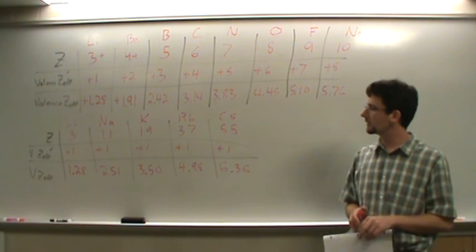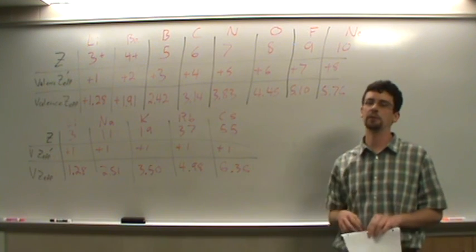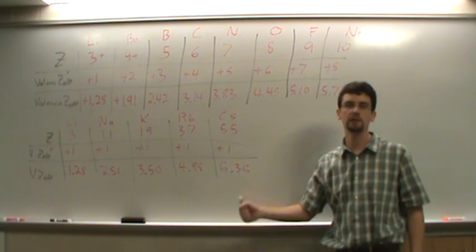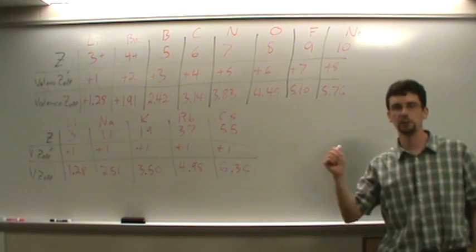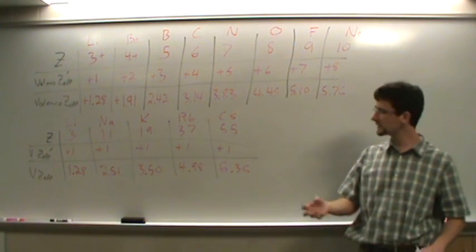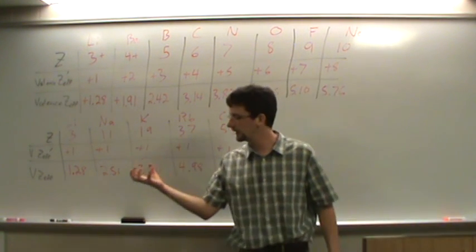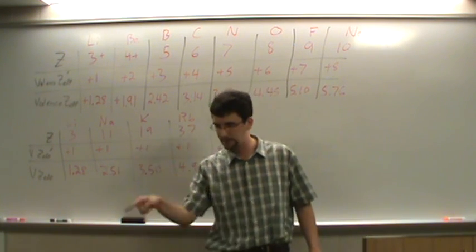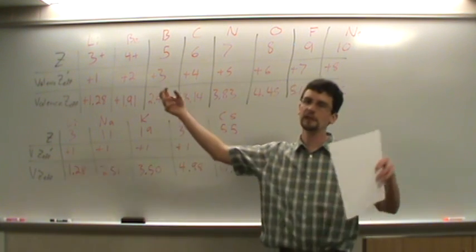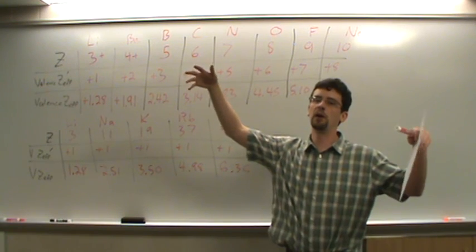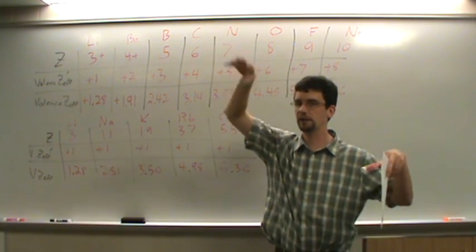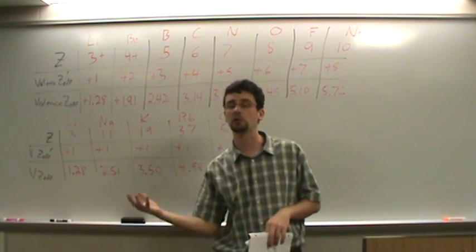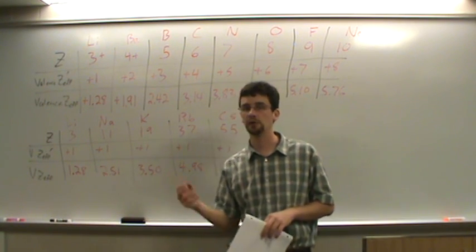However, we do see a clear trend as we go down the table: Z effective increases. The reason is we're accumulating a larger positive charge on our nucleus, so there's a greater amount of charge seen by the valence electrons because we keep increasing the charge on our nucleus.